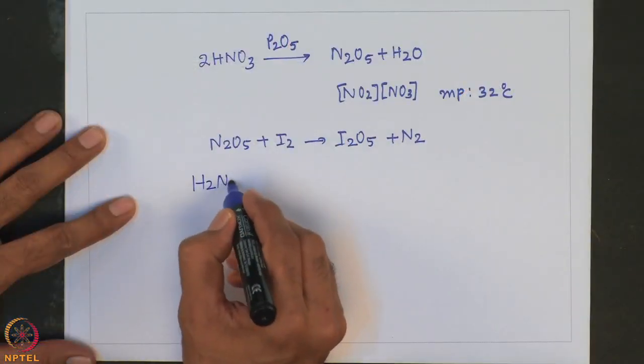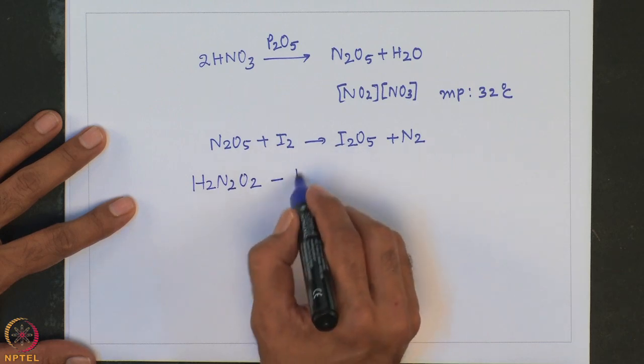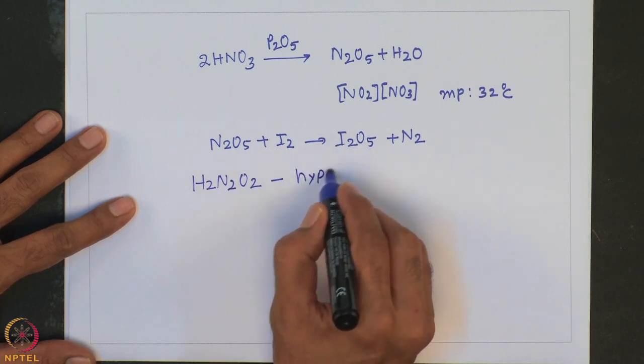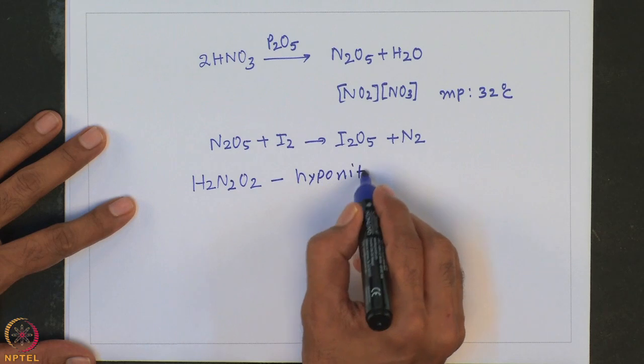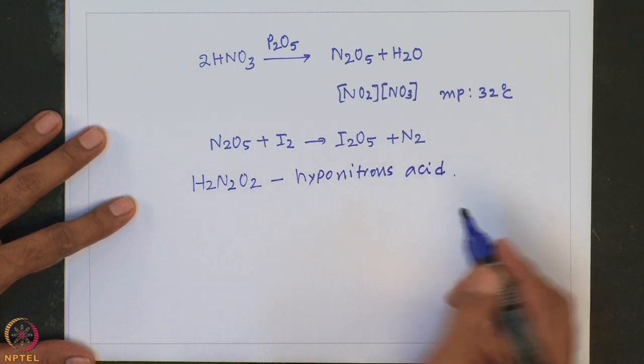Let us look into the oxoacids of nitrogen. One important acid is H2N2O2, that is called hyponitrous acid. H2N2O2 is known as hyponitrous acid. Okay.